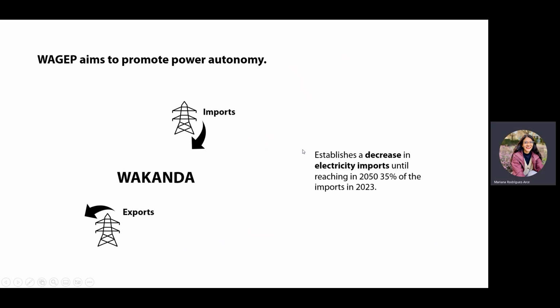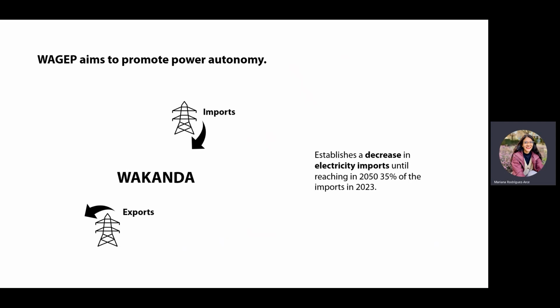Also, this expansion plan aims to promote power autonomy and establishes a decrease in electricity imports until reaching in 2050 35% of the value of imports in 2023.